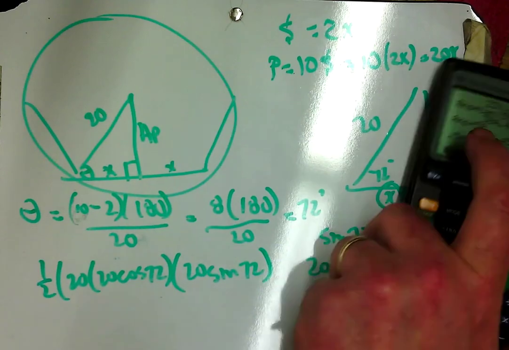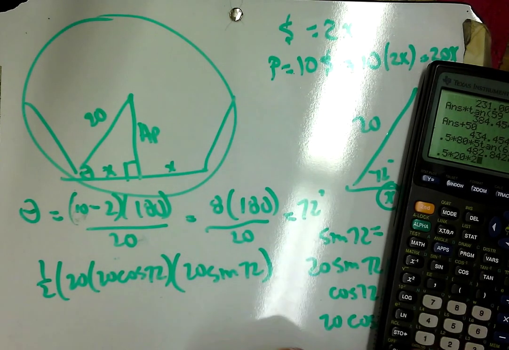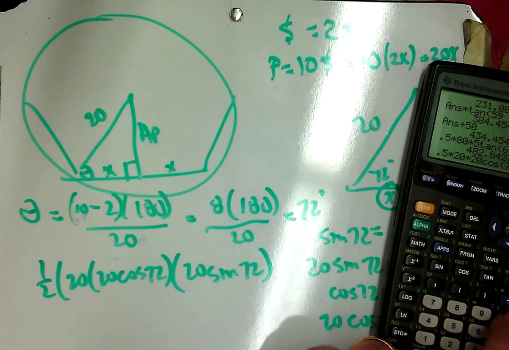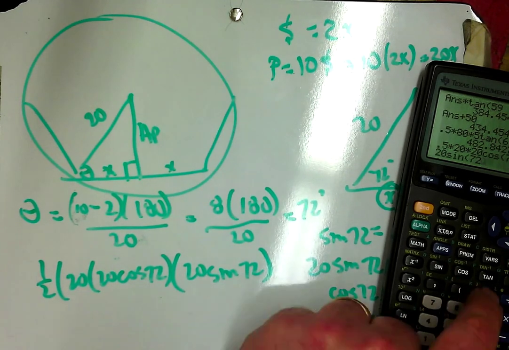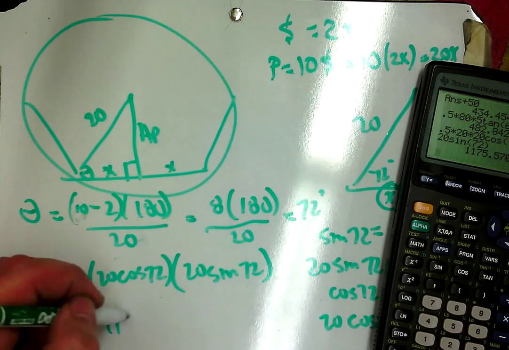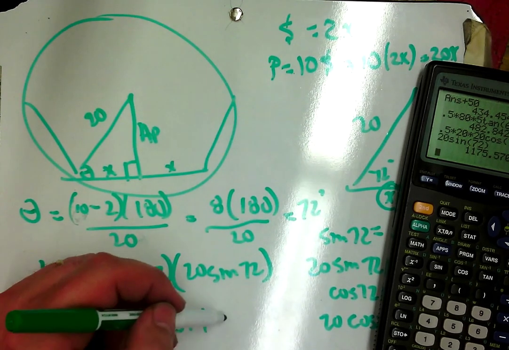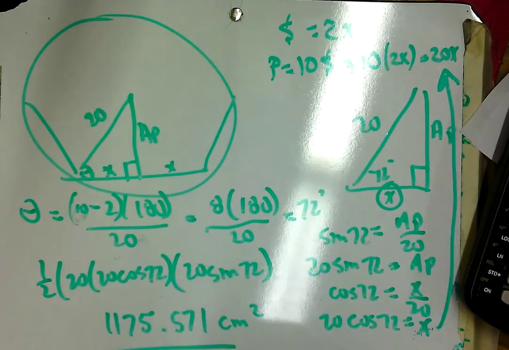And so I get 0.5 times 20 times 20 cosine 72, close the parentheses, times 20 sine 72. 1175.571 centimeters squared. Okay, I hope that the quest goes well for you. Please let me know if you have any questions on these problems.